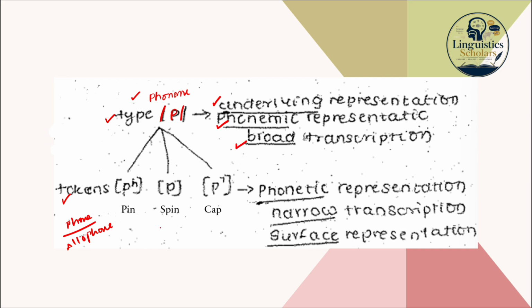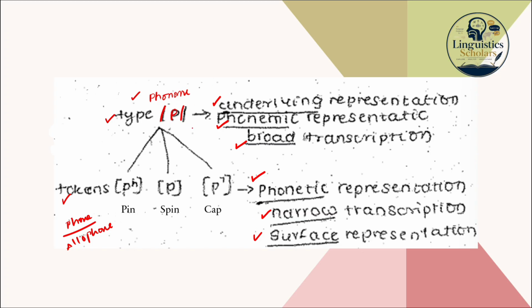Whereas the phones or allophones, apart from being called tokens, are called phonetic representation, narrow representation, and surface representation. We'll try to understand why they are called like these.